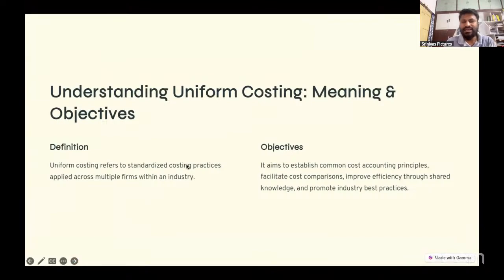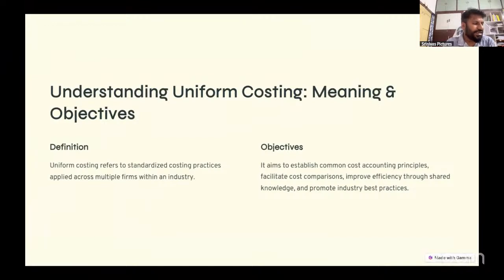Understanding the meaning and objectives of uniform costing. What is the meaning of uniform costing? Definition: uniform costing refers to standardized costing practices applied across multiple firms within an industry. So uniform costing refers to the use by several undertakings of the same costing principles or practices.